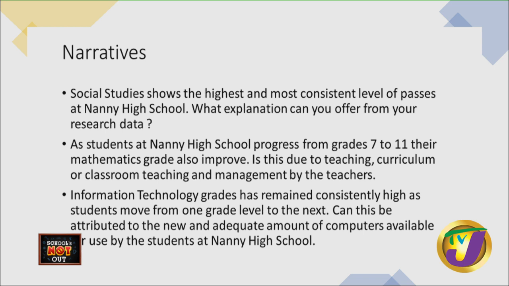So we go for the narrative. Now I use the narrative from the table that was just shown. It says that social studies shows the highest and most consistent level of passes at, we just use a school, Nanny High. What explanation can you offer from your research data? So we go back to see if that is correct.